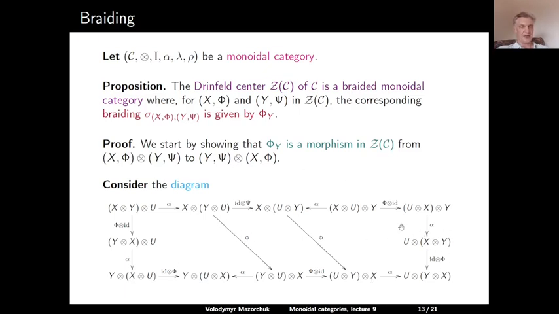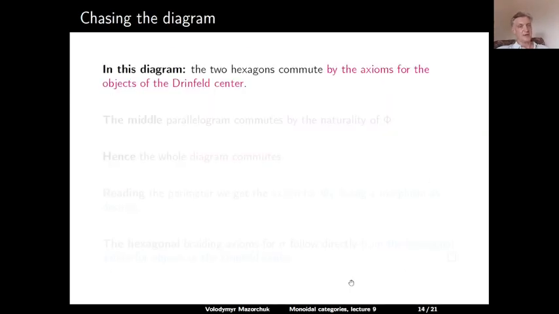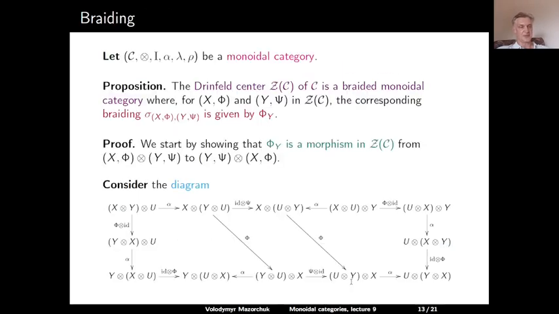So here we have two hexagons and one parallelogram. In this diagram, the two hexagons commute by the axioms for the objects in the Drinfeld center. So we have α φ α equal to (φ tensor identity) α (identity tensor φ), and similarly here. So these two hexagons commute using the axiom for an object in the Drinfeld center. And the middle parallelogram here commutes because of the naturality of φ.